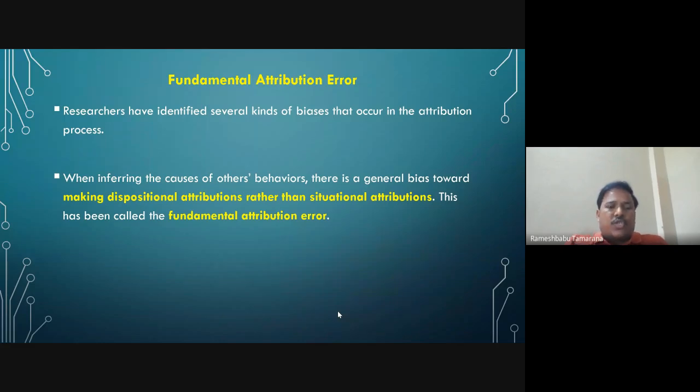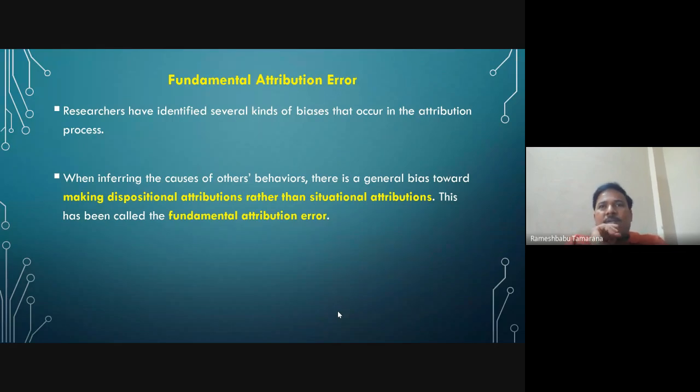The most important one is, when inferring the causes of others' behavior, there is a general bias towards making dispositional attributions rather than situational attributions. Say, for example, if somebody misbehaved with a girl, or let us take the famous case of the Delhi Nirbhaya incident.